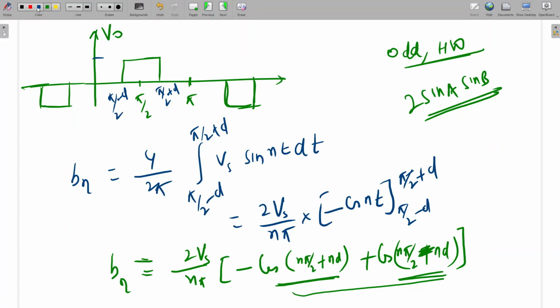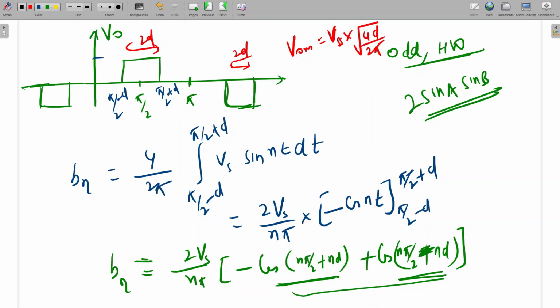And what will be the RMS value of this one? This is 2D. This is also 2D. So VO RMS will be Vs into 4D divided by 2 pi.